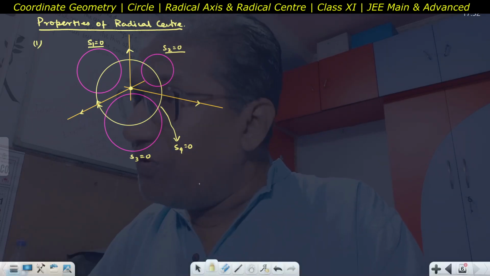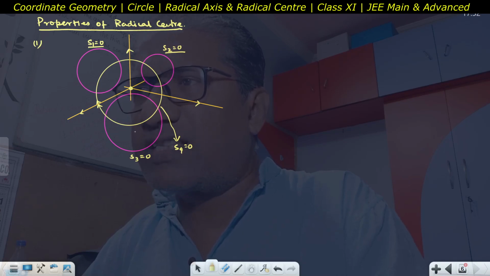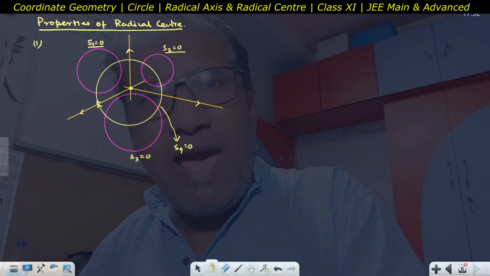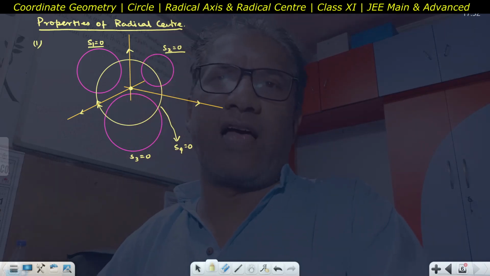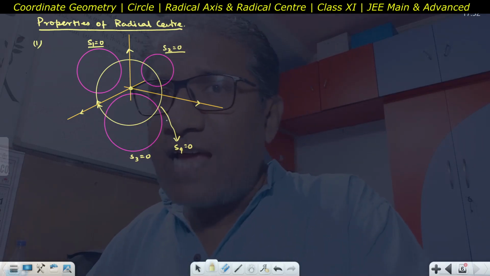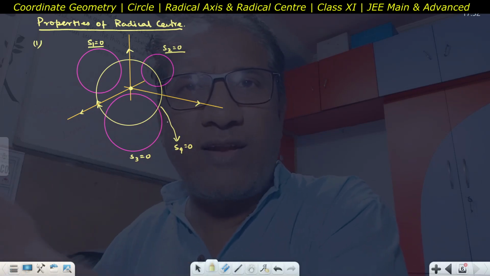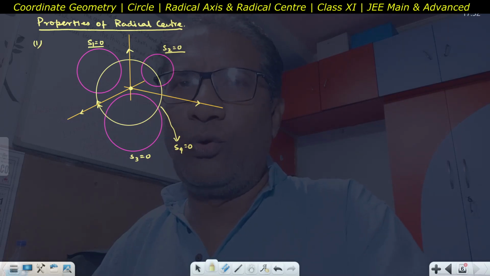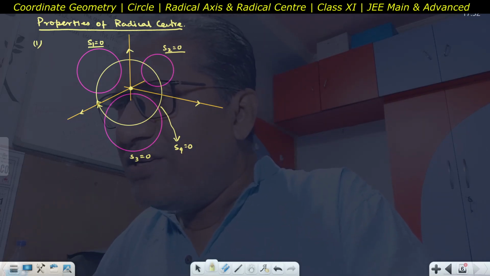So we have proved that the radical center for these three circles is the same as the center of this fourth circle. This fourth circle is intersecting the three given circles S1, S2 and S3 orthogonally. Is it clear?